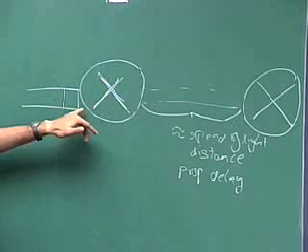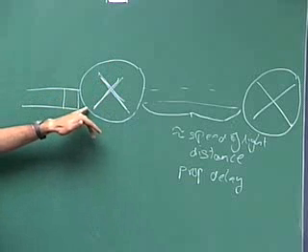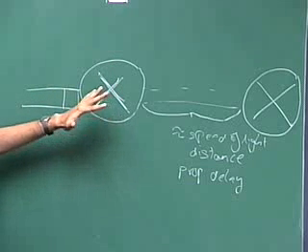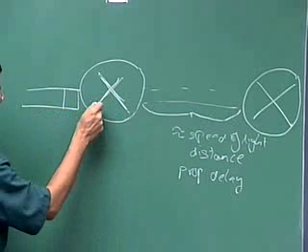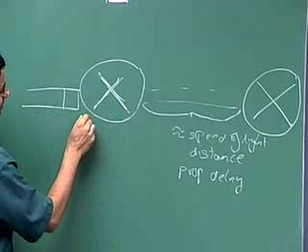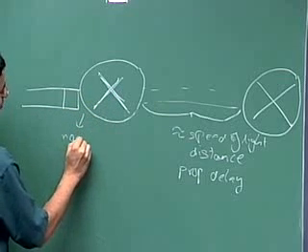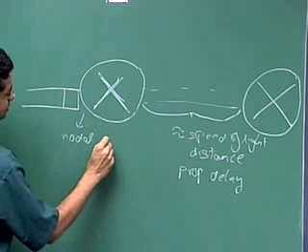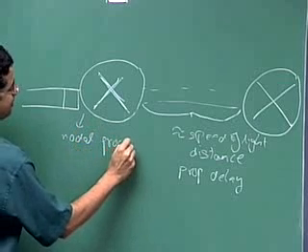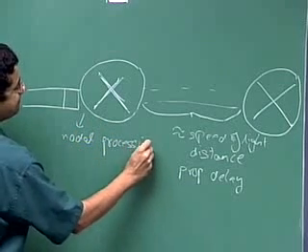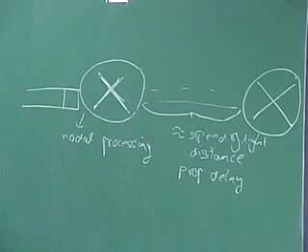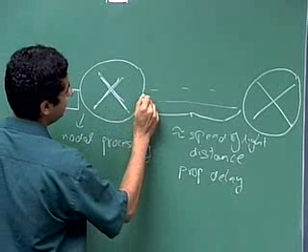So that happens before anything else happens at the router. So that's the nodal processing delay. You can think of that as happening right before the router. The transmission delay happens right here.